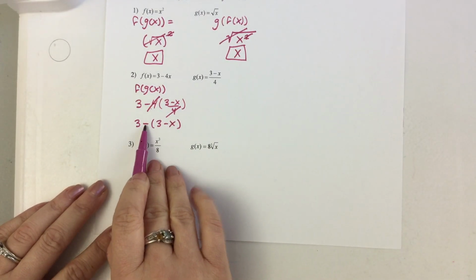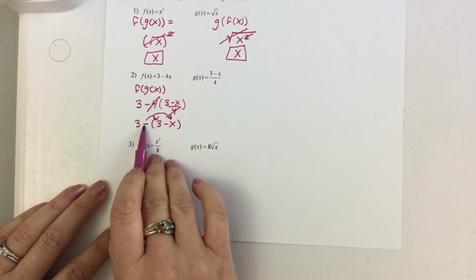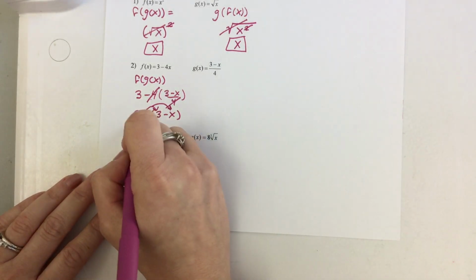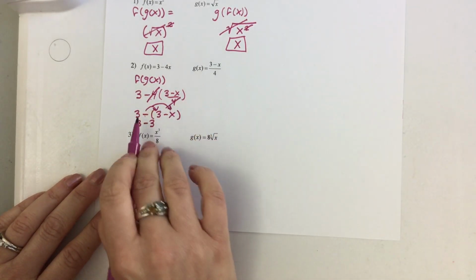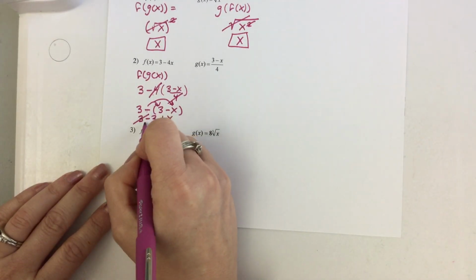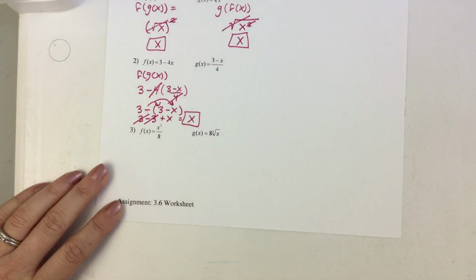Remember, when you're subtracting more than one term, it's very important that this negative goes to both of those terms because you're subtracting that whole thing. So this becomes 3 minus 3, negative times a negative becomes a positive x. Well, 3 minus 3 cancels. All you have left is x. So it worked that way.